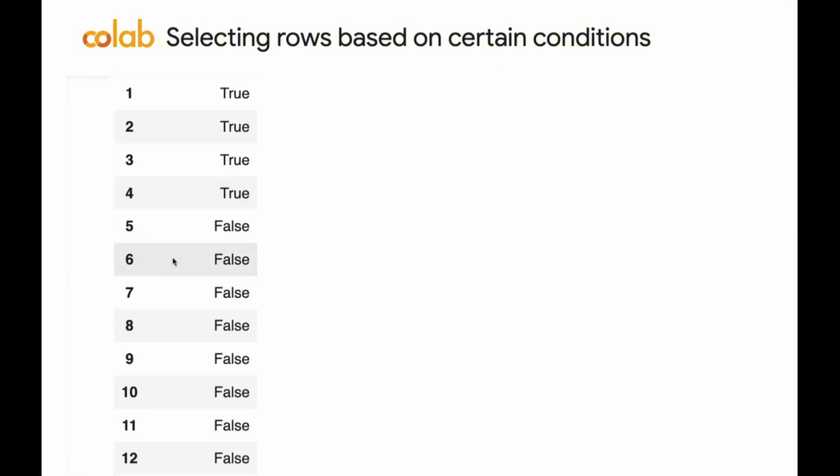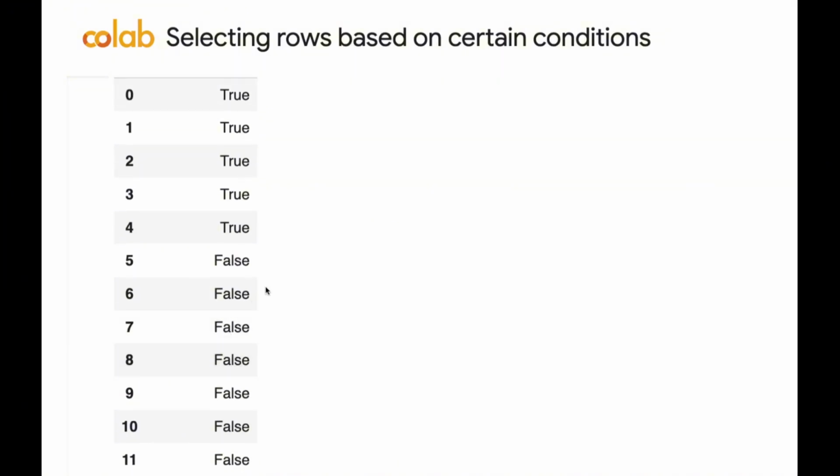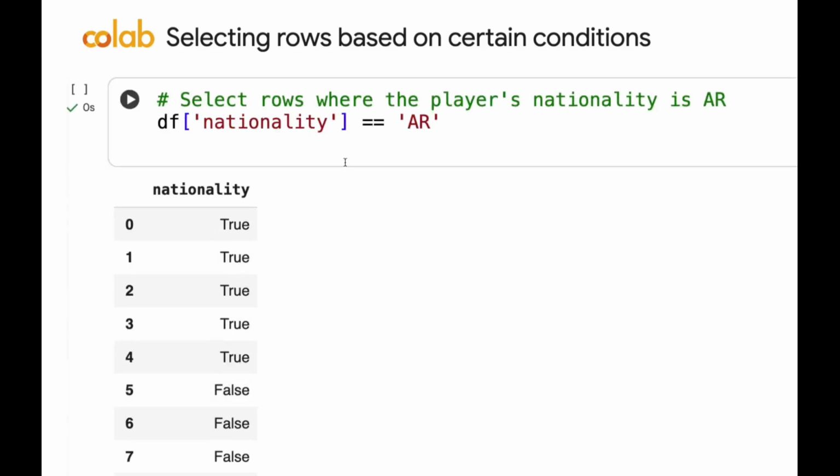But then starting from row number 5, until the end of the data frame, it's all false, right? Because those nationality values for the remaining data records are not equal to AR. So this condition is checked for every record. That's the meaning of df nationality equal to AR as a condition.